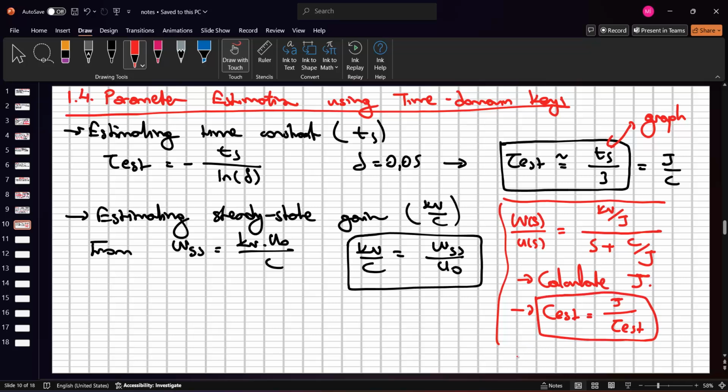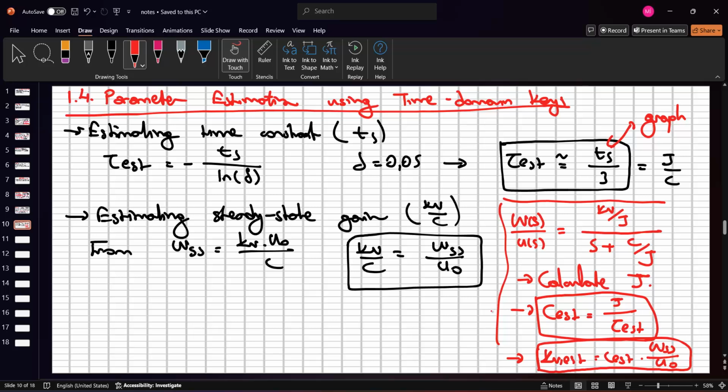And also the kv est is coming from this equation, equal to the c est times wss divided by u0. This is the second parameter. Okay?